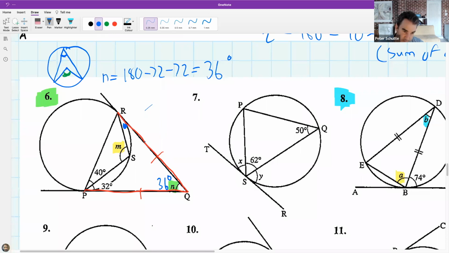I was thinking, follow me on this. Here is a tangent, and here's a chord. Now, if I went into the circle itself, isn't this one over here an angle that's subtended at the circumference? So I was thinking that this one over here should be 40.